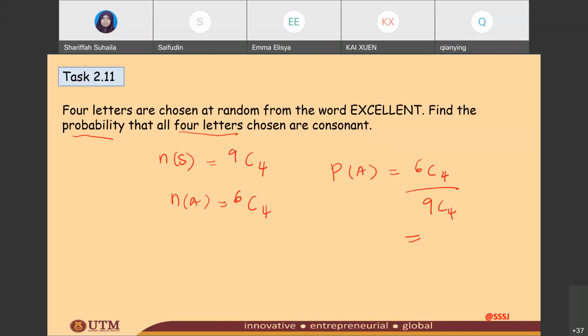So the answer should be 15 over 126. If you want to leave the answer in terms of fraction, bolehlah tinggal jawapan bentuk macam ni, or if you want to write in decimal, please give the answer in 4 decimal places. So your choice, kalau nak letak dalam decimal, letak dalam 4 decimal places. Kalau dalam bentuk fraction, fraction lah.